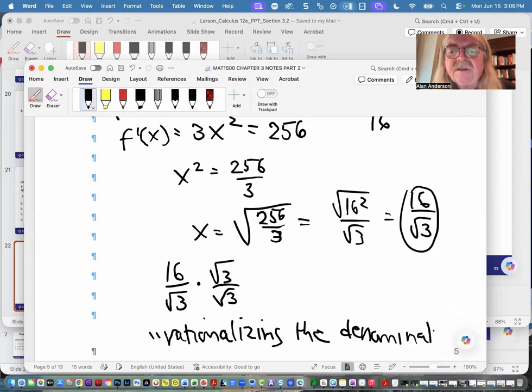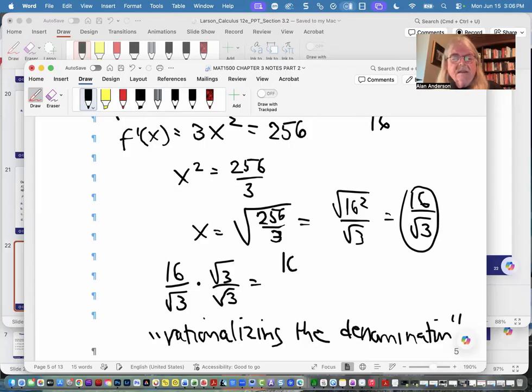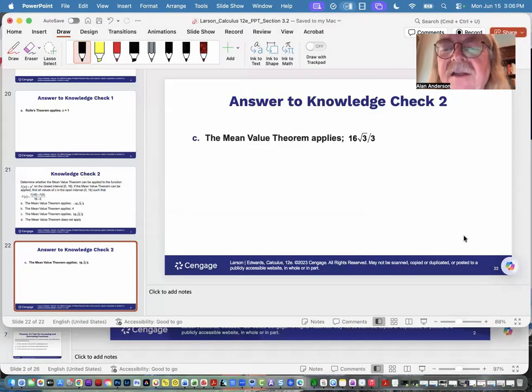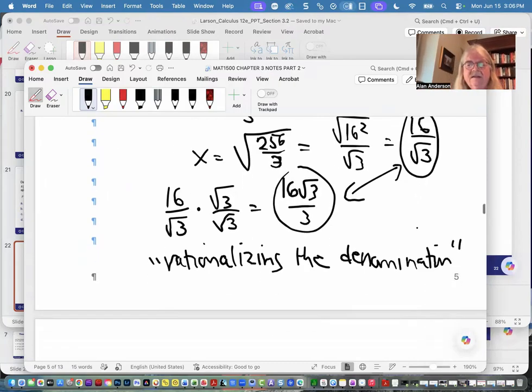Basically, all it means is you're multiplying this ratio by a very carefully chosen version of one, whatever is convenient. And you can see why we're doing it here because this leads us to 16 radical 3 over 3. So our answer wasn't wrong, but you see how they've got 16 radical 3 over 3. That's why. Okay, so that's that.